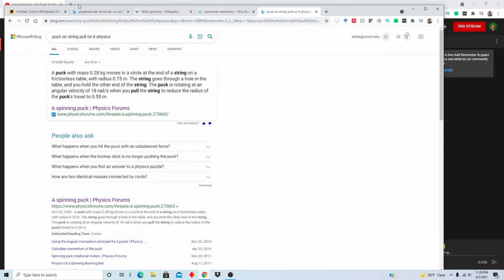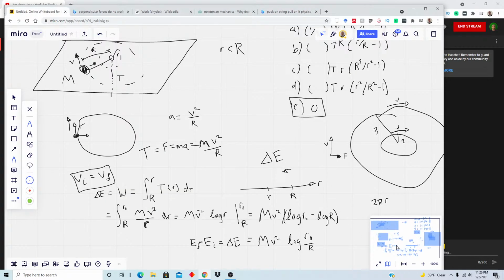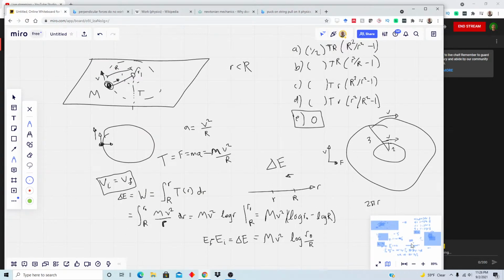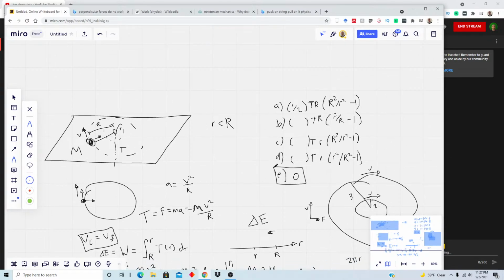Yeah, I think we'll just leave it at that. I don't know if there's much. I feel like there's more to say, but there really isn't much more. The answer is 0 because there's no work being done on the puck. It's a little bothersome that you technically can pull on this, so there's work being done somehow, right?